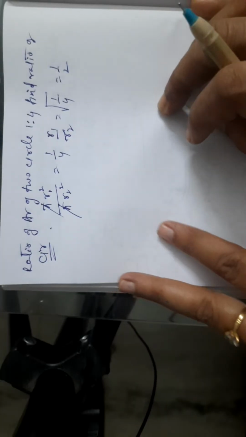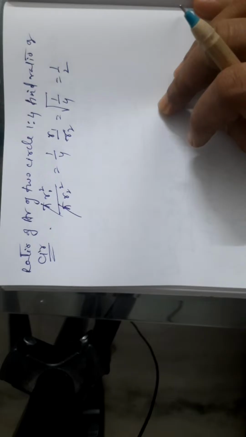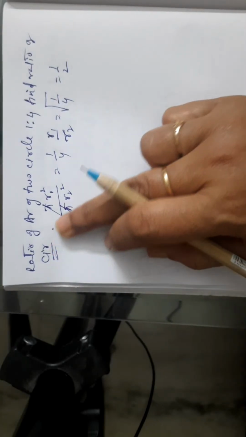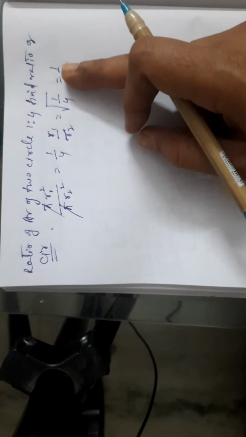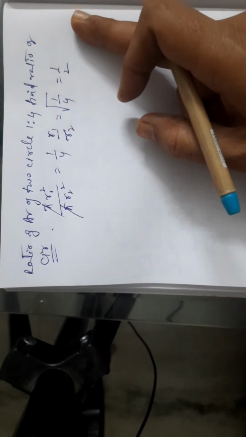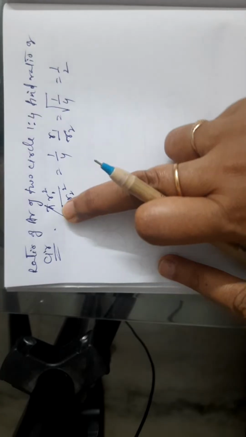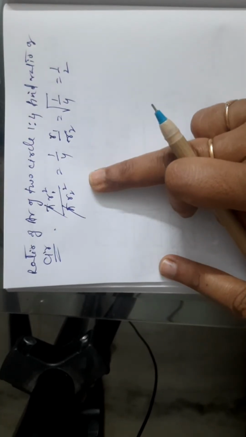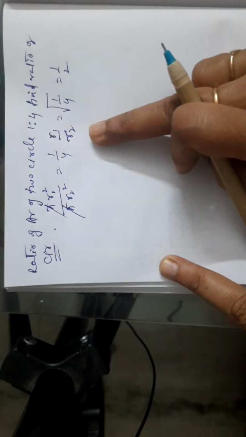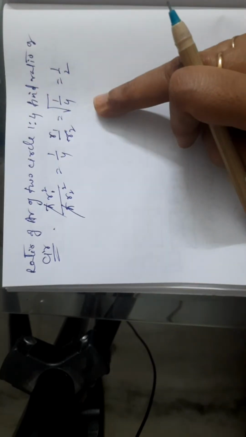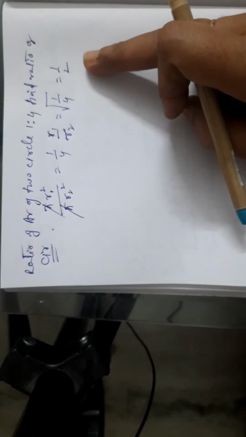Pay attention there. It's given that pi r1 square upon pi r2 square is 1 by 4. Pi will get cancelled. r1 upon r2 is root over 1 by 4, so it's 1 by 2.